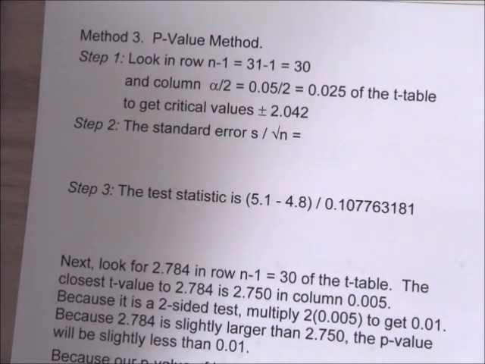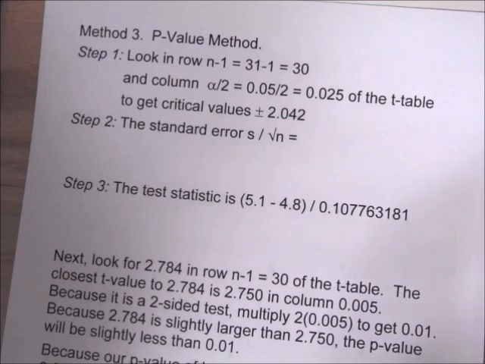Okay, so we can look in row n minus 1, 31 minus 1 was 30, of the t table.